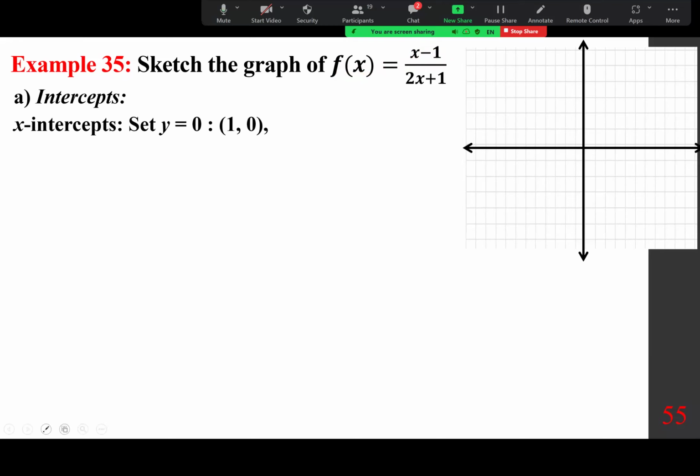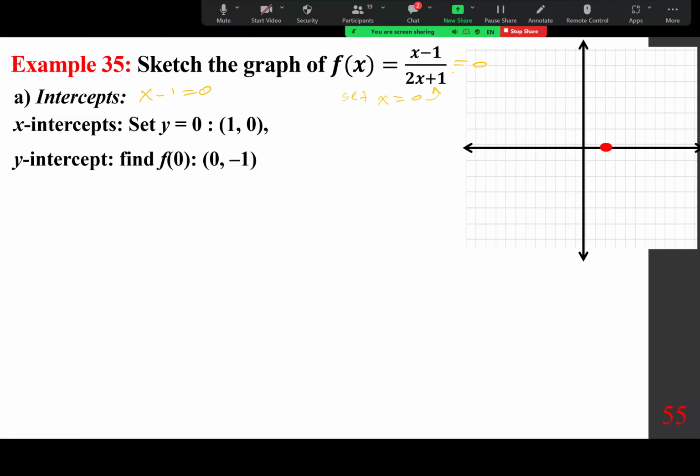So when you set this one equal to 0, that means x minus 1 is 0. And that means 1 comma 0. For the y-intercept, you set x equal to 0. So if I replace the x with 0, I get negative 1 over 1.